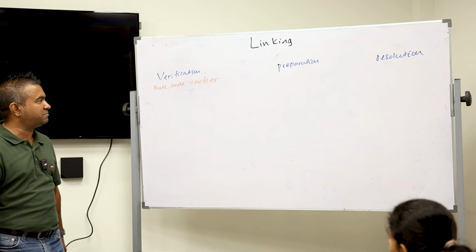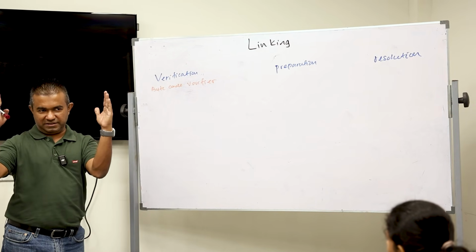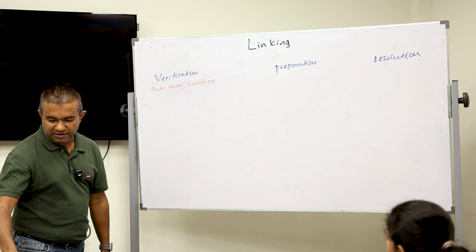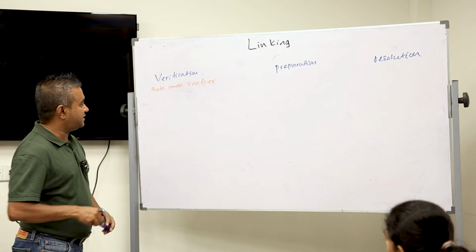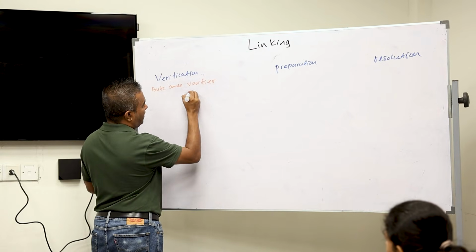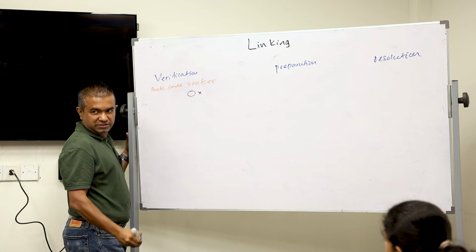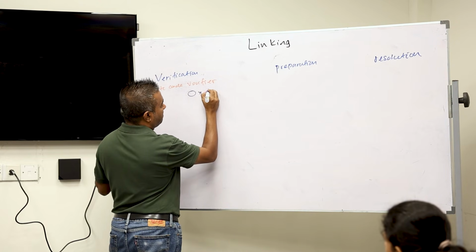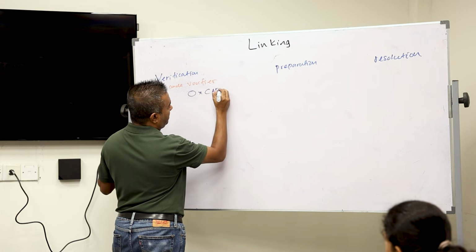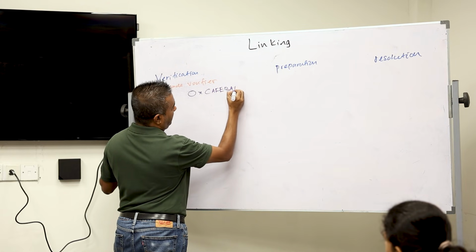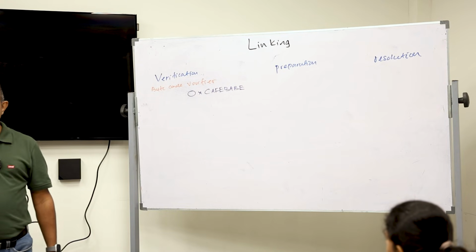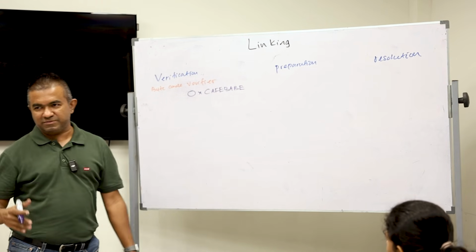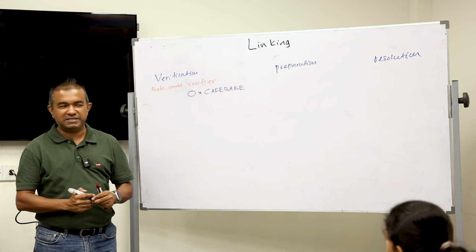There is something called a magic byte. The first 4 bytes in the file refer to that. For a Java class file, the magic byte is this. It's a hex value, so it starts with this. That is what James Gosling and his team created as the magic byte.